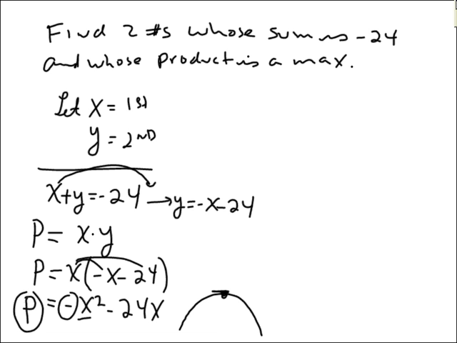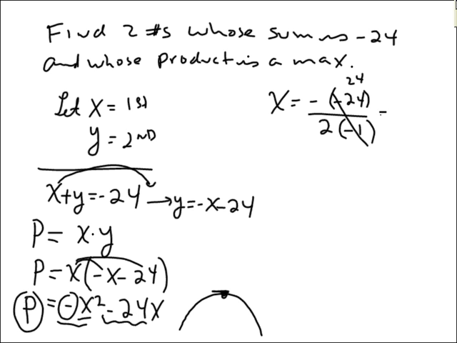P is the height. Okay, and that happens when x is equal to negative b over 2 times a. B is the number in front of x, negative 24. A is the number in front of x squared, negative 1. This here is just 24. Negative 24 divided by 2 is negative 12. The x is negative 12.